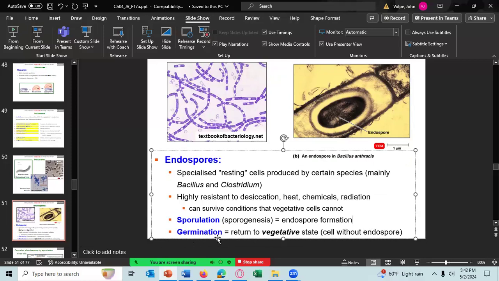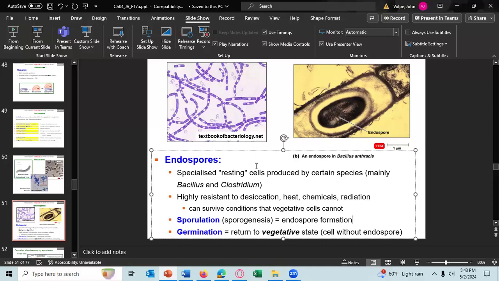The endospore will germinate, returning to a vegetative cell, a cell without the endospore, and the vegetative cell can grow and reproduce and go through normal metabolism. The endospore is a resting cell. It does have a little bit of metabolism, but very, very little. Its purpose is just to survive the bad environmental condition.